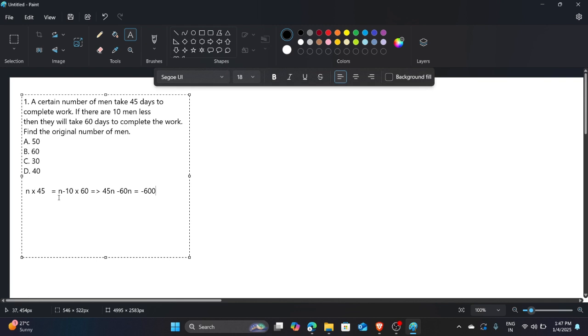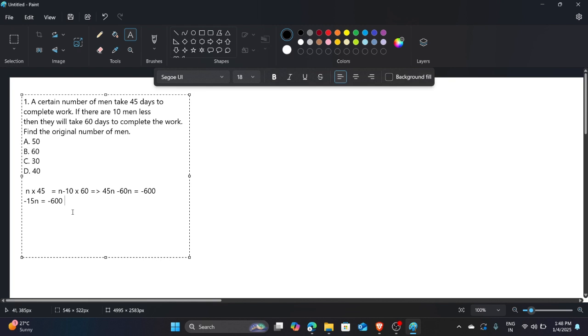I'm doing something wrong. Then the total days of completing the work is 60. Yeah, no problem, I'm good. So the minus 15n is the solution of the equation, and here is minus 600 already.